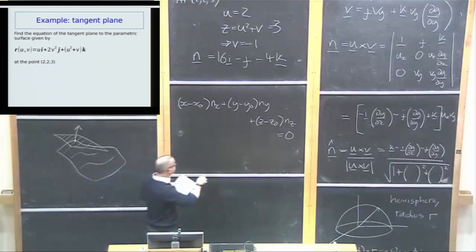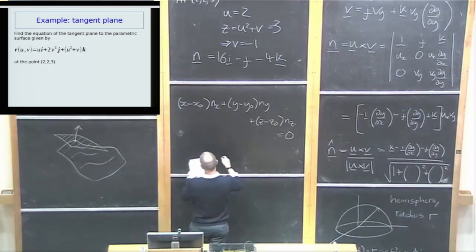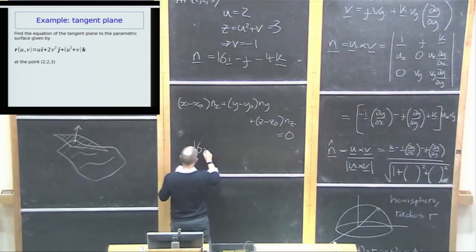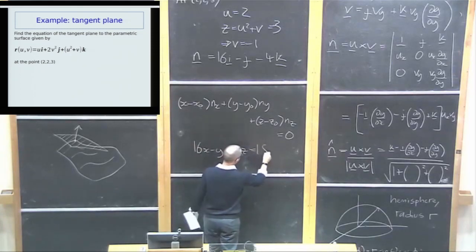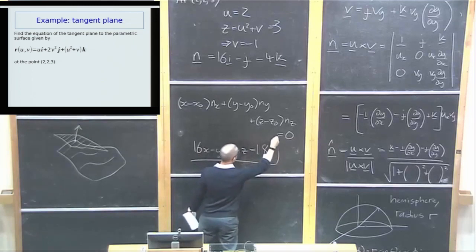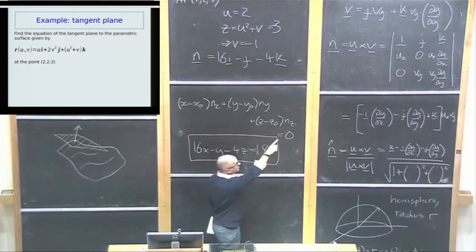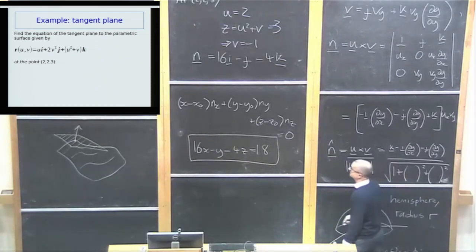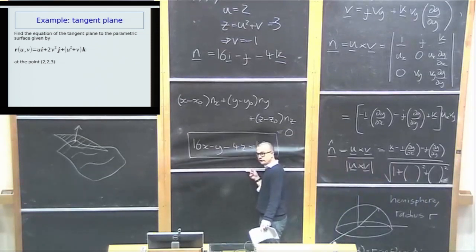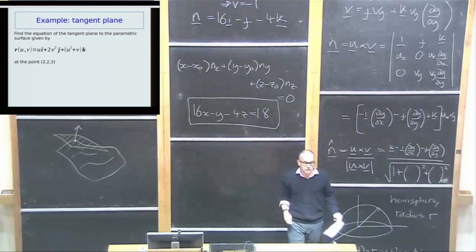If you put all of these things in, you get 16x − y − 4z = 18. That's the tangent plane to the surface described by that parametric expression at the point (2, 2, 3). So it's all very straightforward. It's just a question of turning the handle and grinding through the maths.